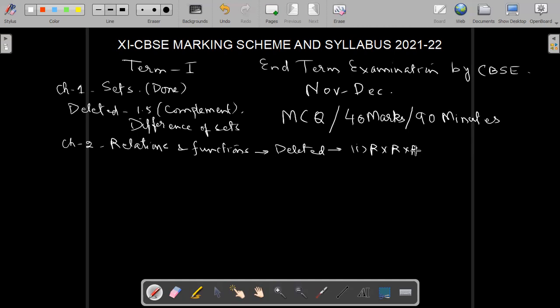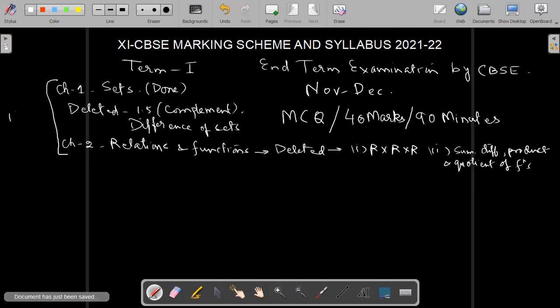Sum, difference, product and quotient of functions is deleted, that is addition, subtraction, multiplication, division of functions. This portion is deleted, and these both will have the weightage of 11 marks.